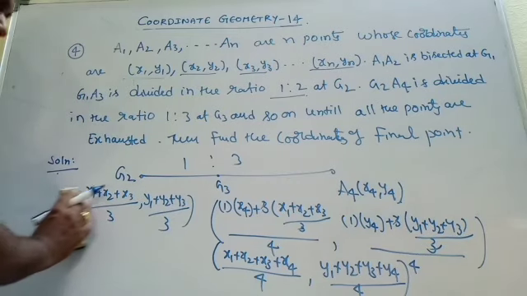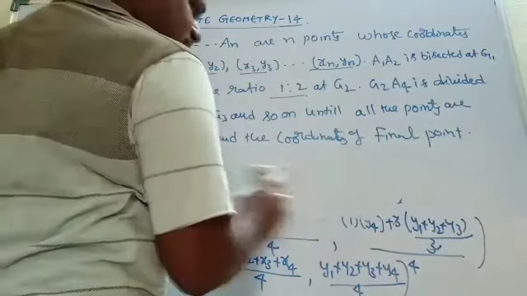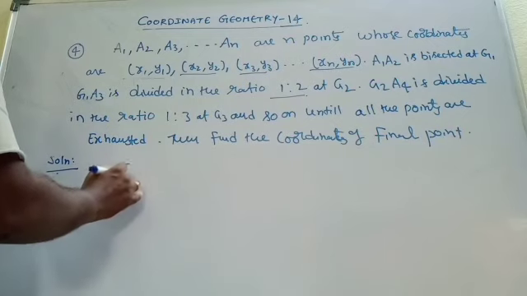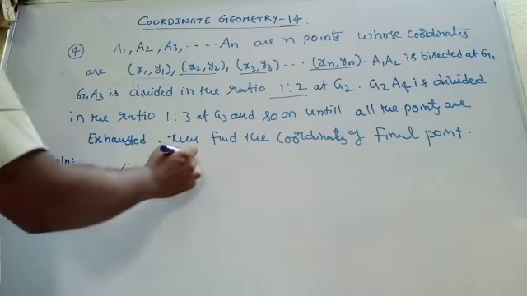You can guess because it is following that pattern. Therefore, the final point is G(n minus 1).